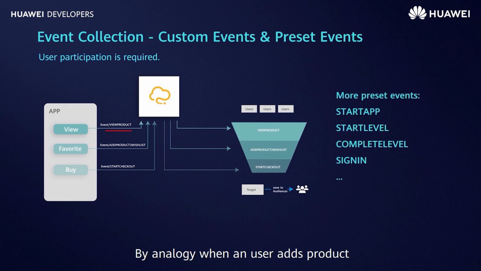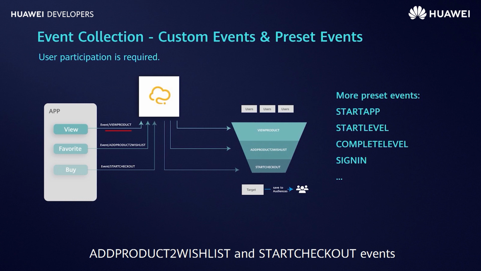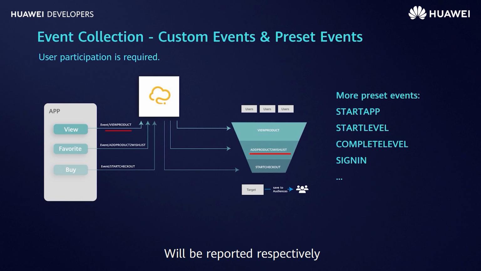By analogy, when a user adds a product to the wishlist and clicks the buy button, the add product to wishlist and start checkout events will be reported respectively. These three events correspond to opening the Huawei Mate 30 page, clicking the add product to wishlist button, and clicking the buy button on the demo.